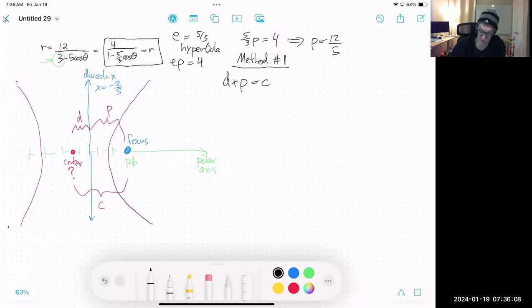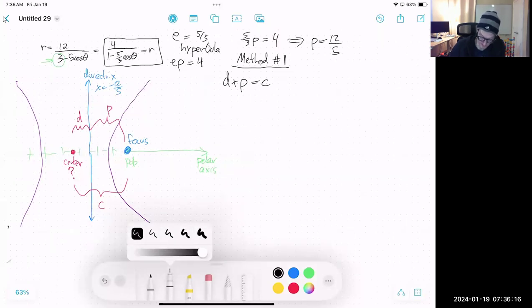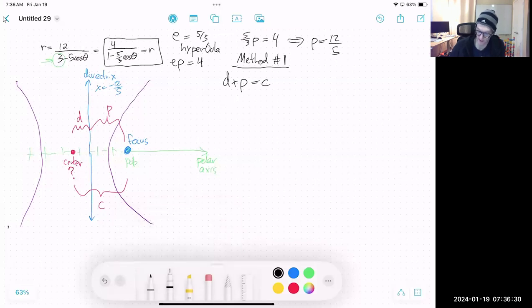P is just 12/5. So really, I know that D, I know that D, something bad is happening here. Okay. Kind of weird. D disappearing on me. Let me just go back a little bit.